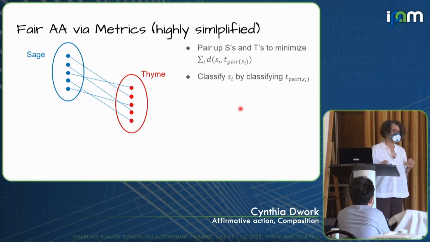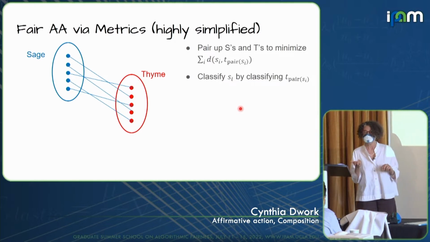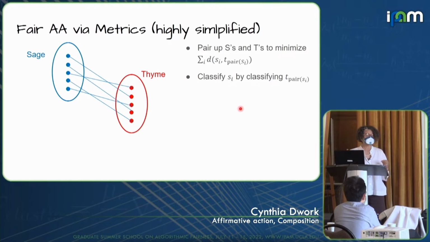And then we will classify individual S by simply classifying the partner T and taking that to be the outcome. So this is going to be the general shape of what's happening. And we'll talk about why we want to do this and so on in a moment.